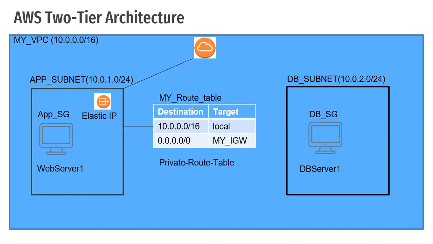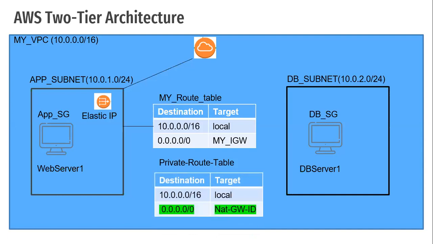And then I'm going to create a private route table, which will be attached to my private subnet, my DB subnet. In this route table, I'm going to add a default route pointing to my NAT gateway. So any traffic from my DB server will go to my NAT gateway, and the NAT gateway will perform a translation so that my DB server's private IP address gets translated to the public IP address, which is the elastic IP address attached to my NAT gateway.